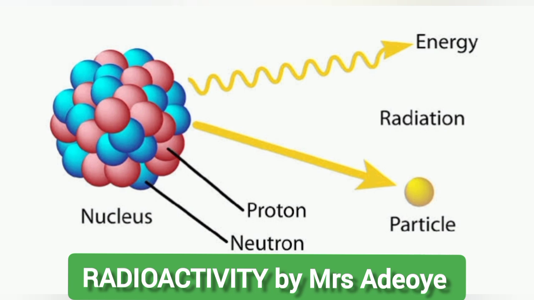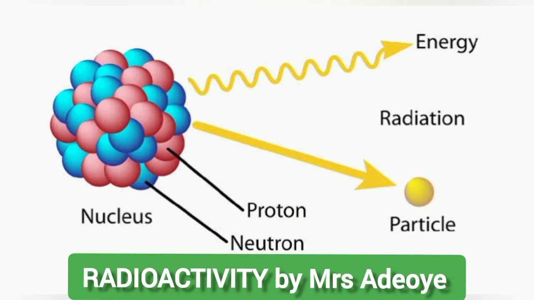The introduction. Radioactivity is the spontaneous disintegration of atomic nuclei by emission of subatomic particles called alpha and beta, or by emission of electromagnetic rays called gamma rays.